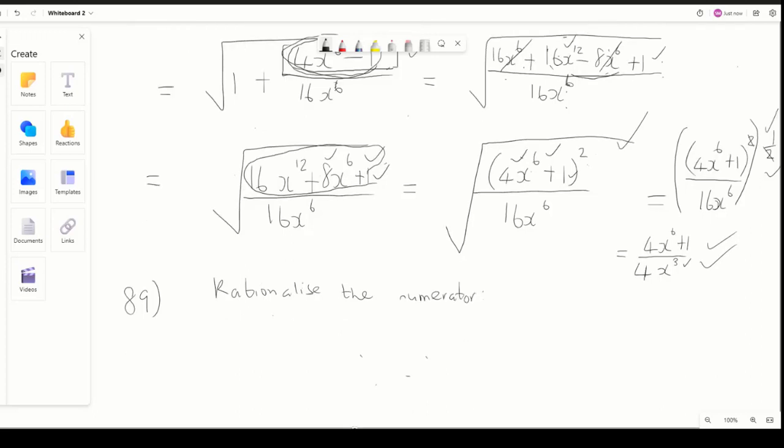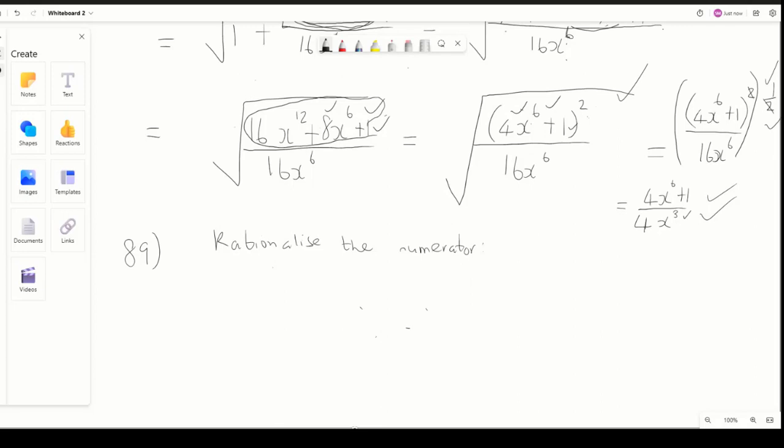So the problem looks like this: square root of x minus square root of x plus h, divided by h times square root of x times the square root of x plus h.